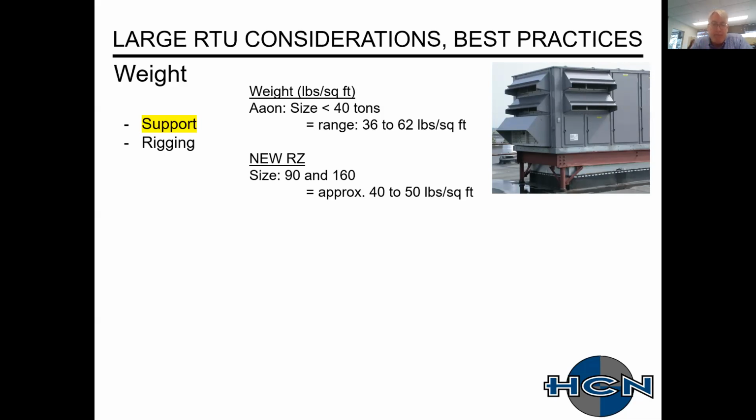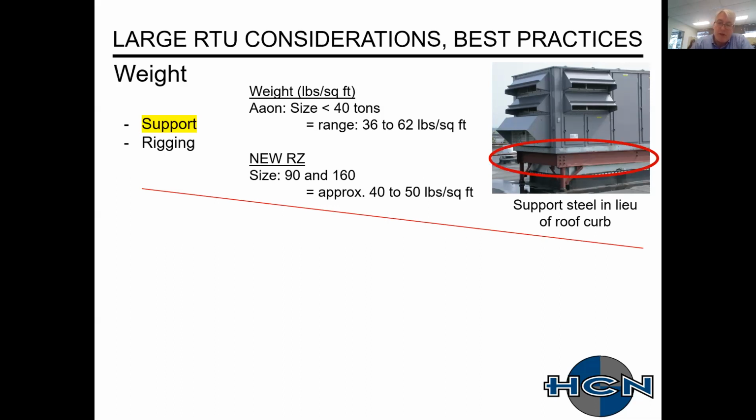It's about the same, a little bit on the lower side, so you are getting some economy and efficiency of scale. And then on the picture on the right, instead of a rooftop unit on a roof curb, a lot of times these are installed on support steel, where the legs tie into the structural steel down below, which is a little bit more accurate or better versus a roof curb.